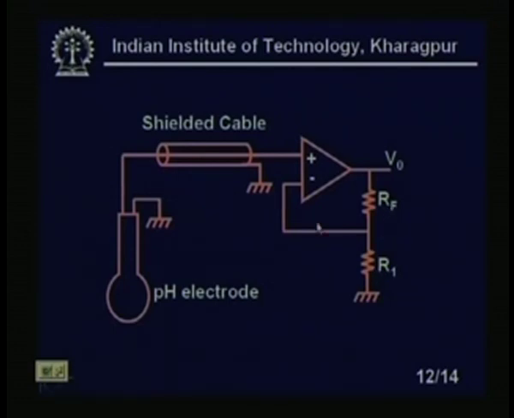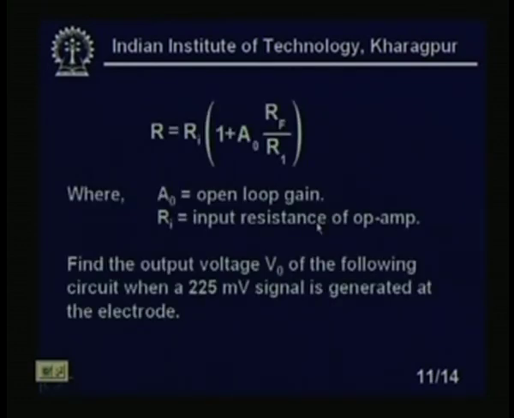R1, Rf. Now, R equal to Ri (1 plus A naught Rf by R1), where A naught is the open loop gain and Ri is the input resistance of the op amp. Find the output voltage V naught of the circuit when a 225 millivolt signal is generated at the electrode.